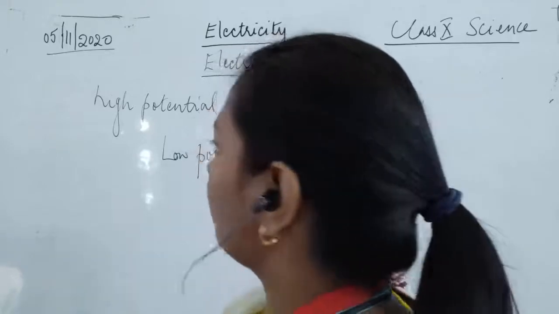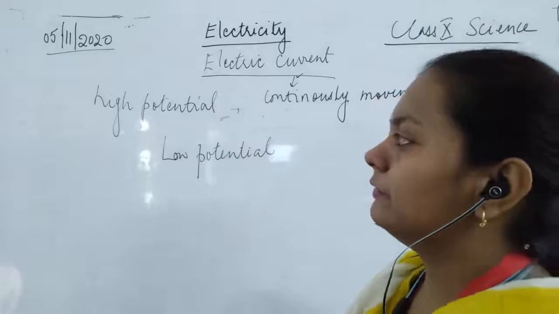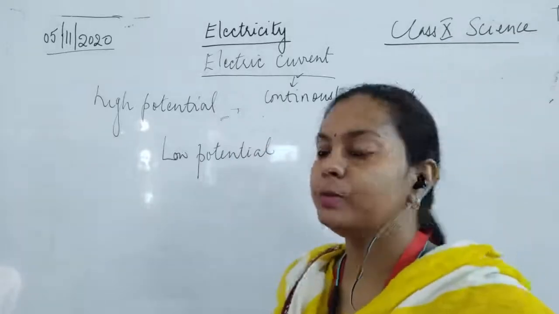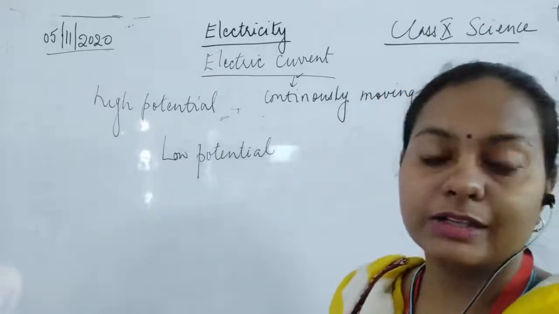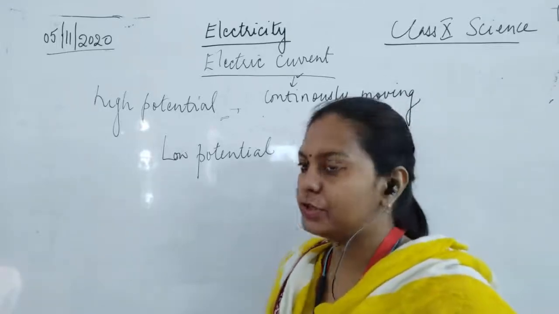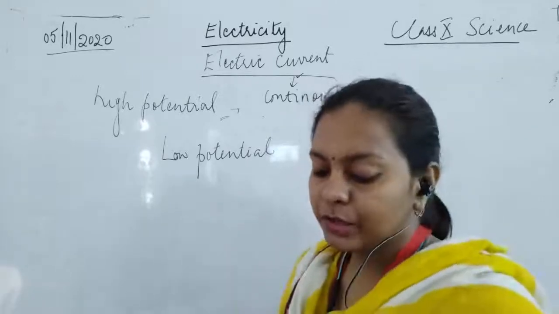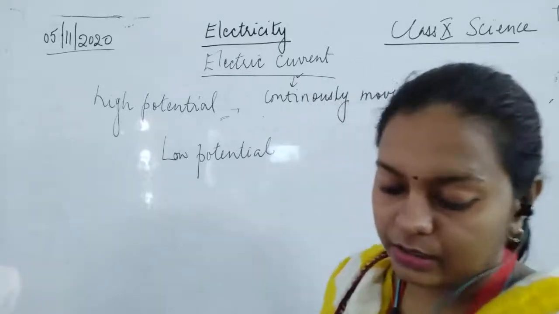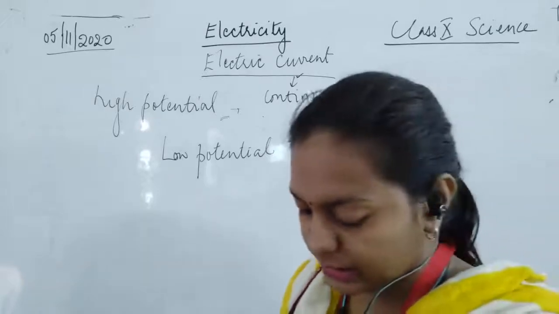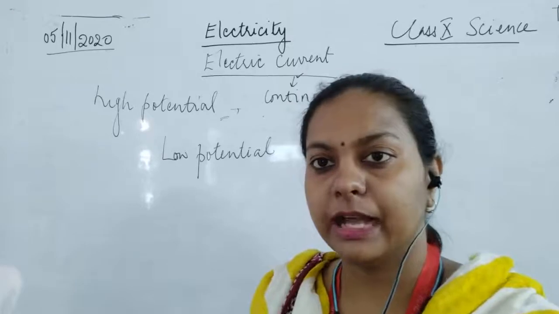When we talk about high potential and low potential, where the charges are more, it is known as higher potential, and where the charges are less, it is said to be low potential. Electric current is generated when different electric potentials are connected by a metallic wire.